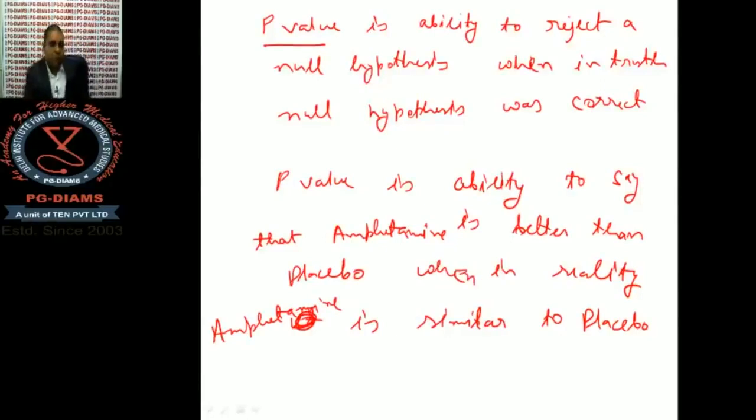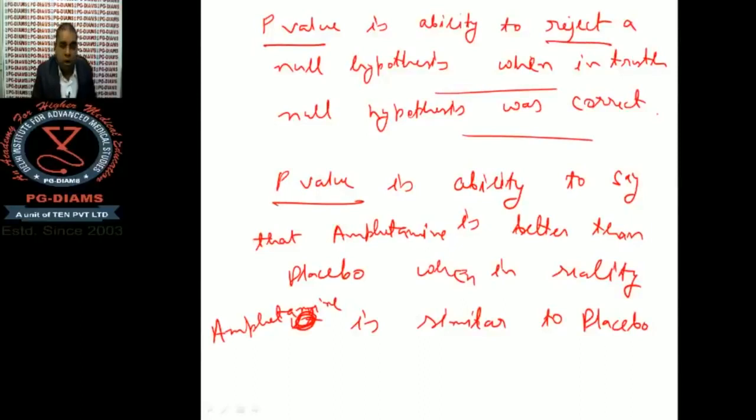So p-value means how much we are fabricating the result. What is the chance that we may say that an insignificant result is significant? What is the chance that we reject a null hypothesis when in truth the null hypothesis is correct? So it should be minimum. We should be minimum Chalu. Then only our study will be read as significant. We should be doing minimum alpha error.